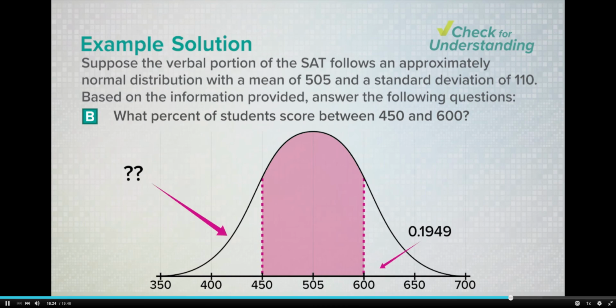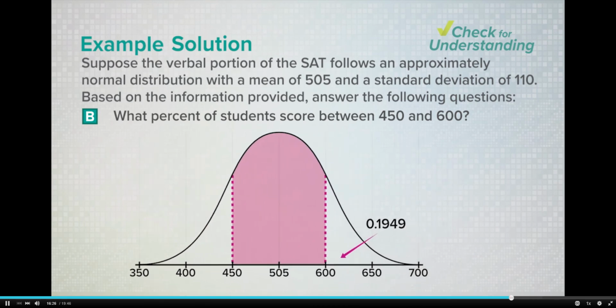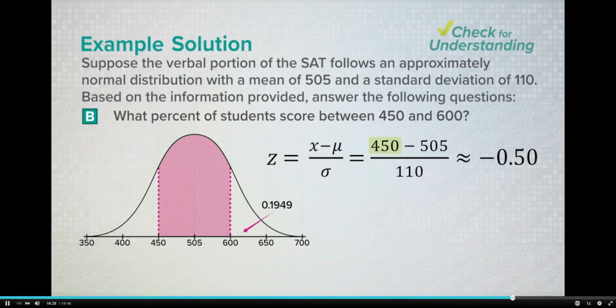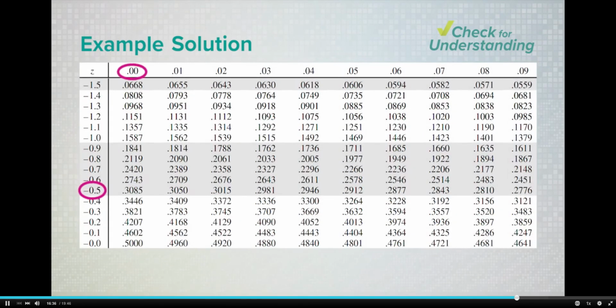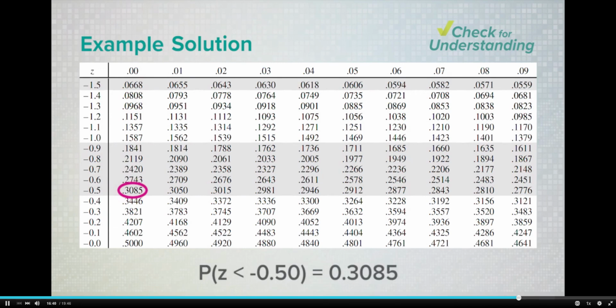Let's figure that out using z-scores. I'll find the z-score for 450, which gives me a z-score of about negative 0.50. Looking that up on the chart gives me a proportion of 0.3085.